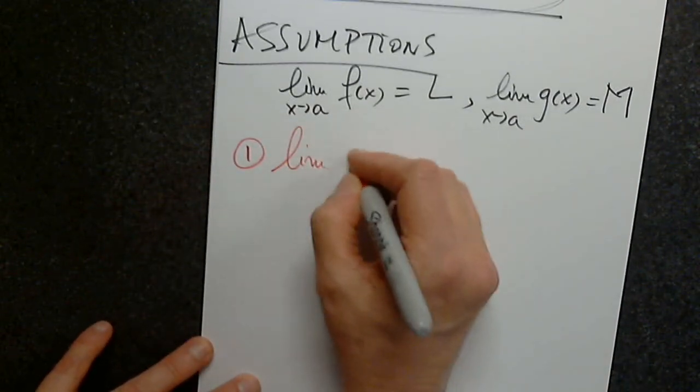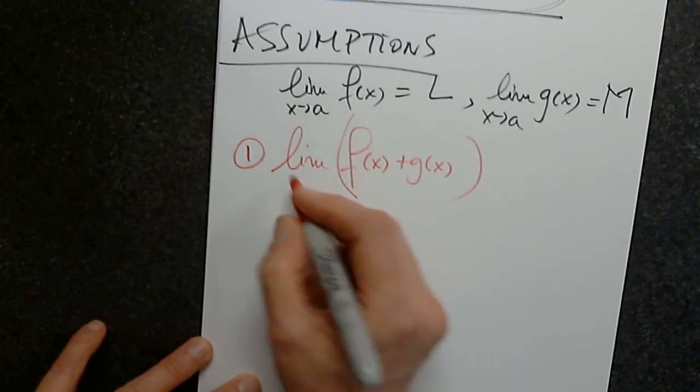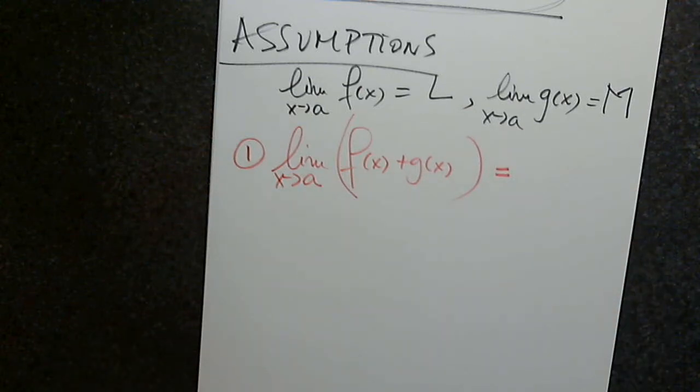The limit of f of x plus g of x as x approaches a from either side. A wild guess. What do you think this will equal? The limit of f of x as x approaches a plus the limit of g of x. Common sense. Thank you.